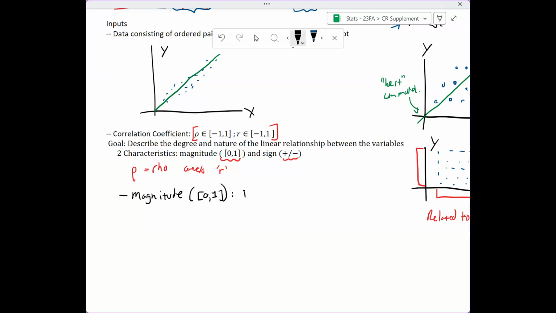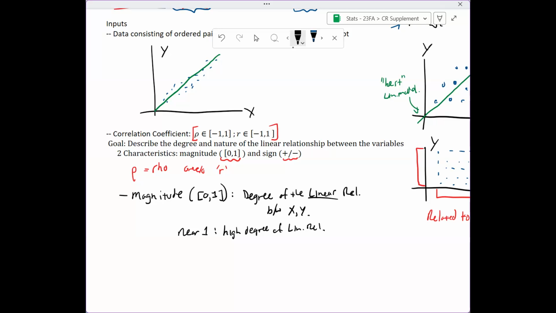It tells us the degree of the linear relationship between 2 variables, X and Y. If the magnitude is near 1, that indicates a high degree of a linear relationship.